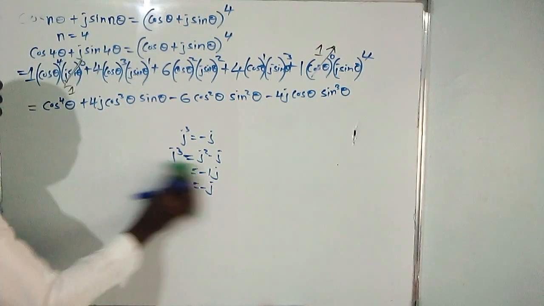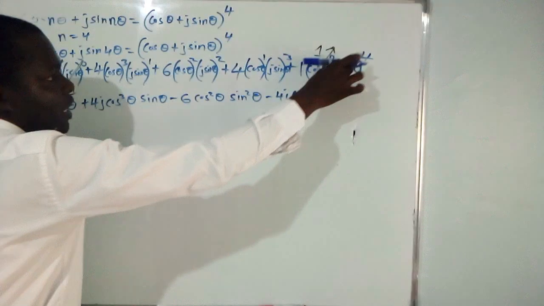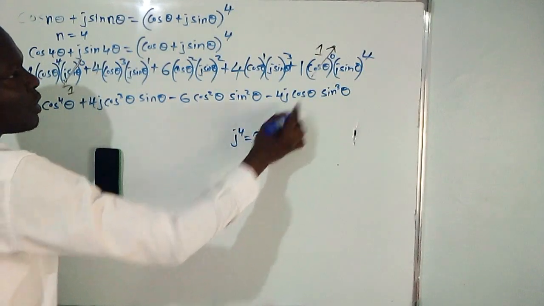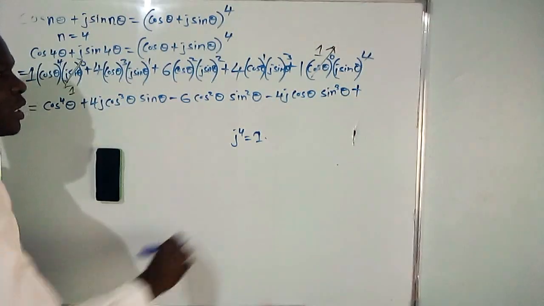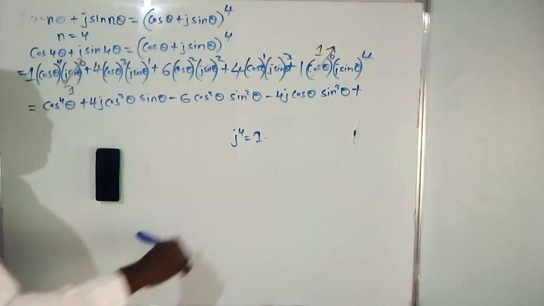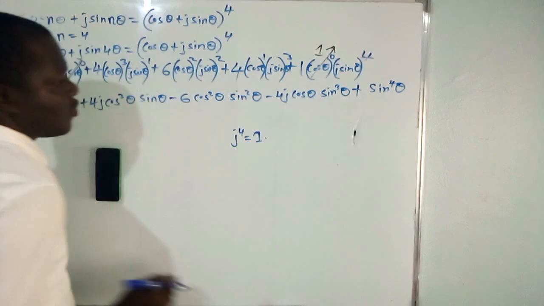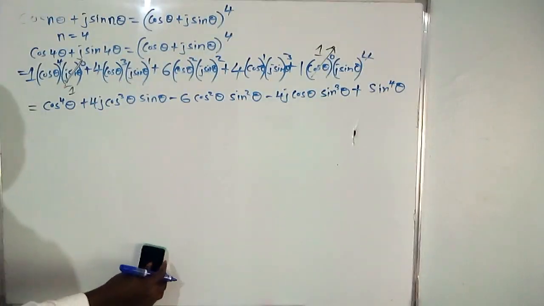You're done with that term. You go to the last term. j raised to power 4 is positive 1, because it's j squared times j squared, negative 1 times negative 1, which is positive 1. Then you remain with sin⁴θ. You are done.